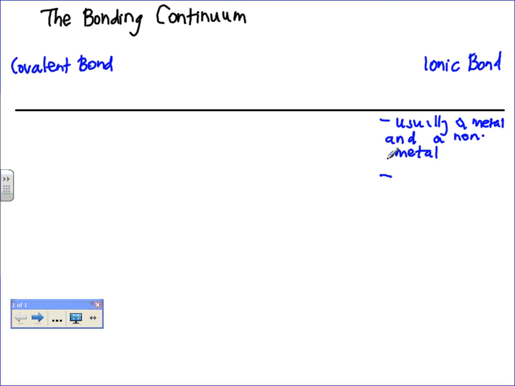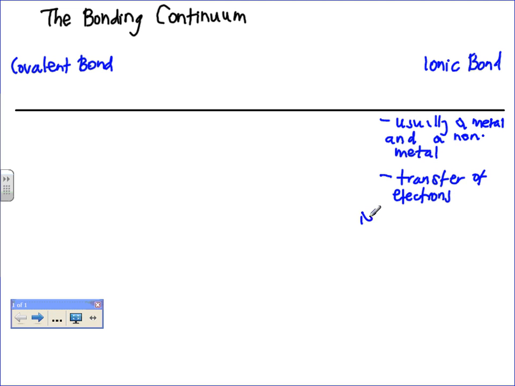So in an ionic bond, when we've got a metal and a nonmetal, the atoms achieve stability by transferring electrons. So there's a transfer of electrons from the metal to the nonmetal. And what we are left with when that happens is a cation and an anion.